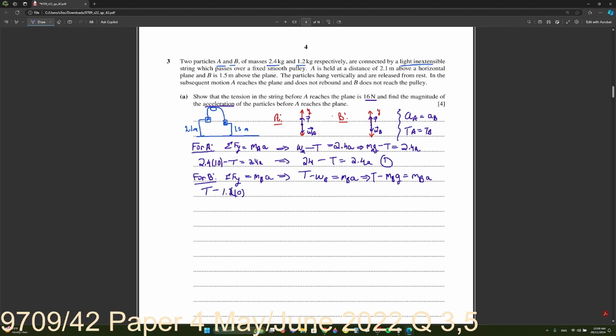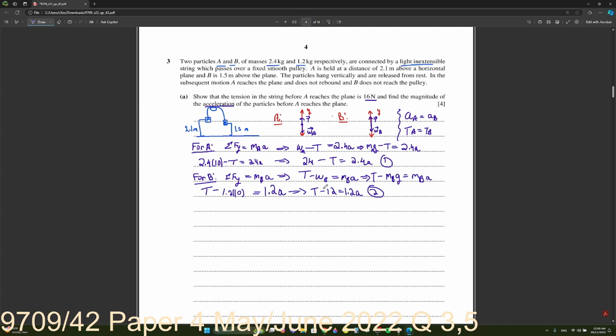So T minus 1.2 times 10 is equal to 1.2a. 1.2 times 10 is 12. So therefore, T minus 12 is equal to 1.2a. This is equation 2. So we have two equations.